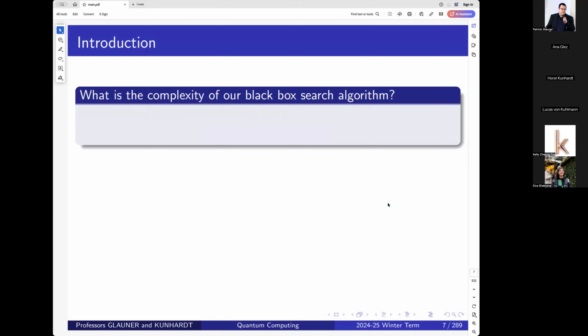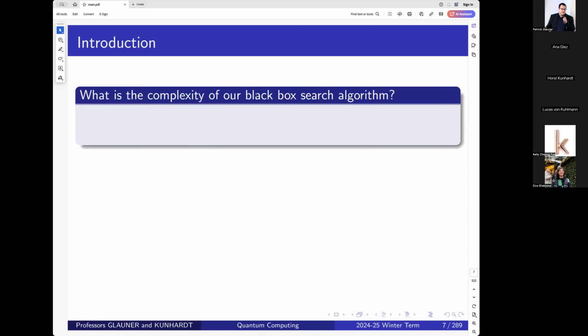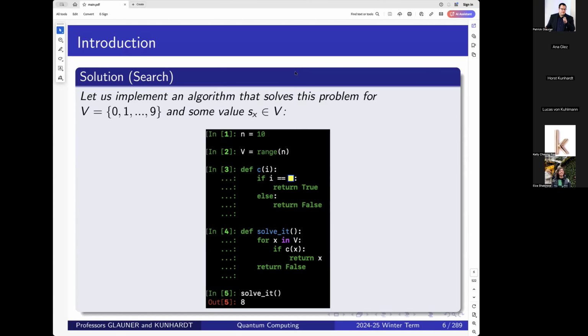And since most of you are familiar with complexity of algorithms, I want to know from you, what is the complexity of this algorithm? What I have here is a black box search. A black box search means I don't know how the search works or how this condition works inside, because this is some secret.